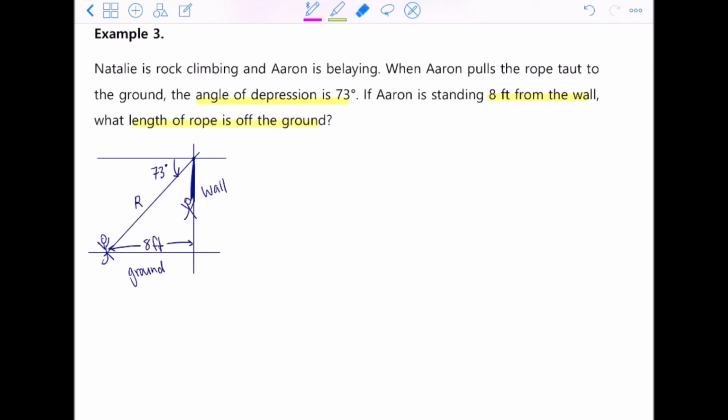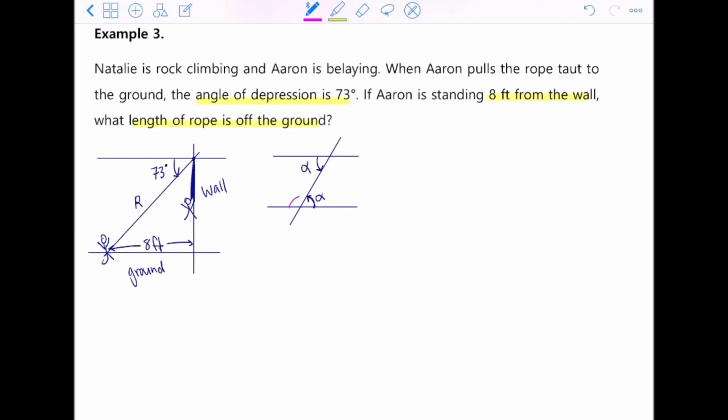So I'm just going to redraw this diagram. If there are two parallel lines and a line cuts through those two lines, and let's say this angle is alpha, then there's also this angle from the other horizontal to that line equal to alpha as well.